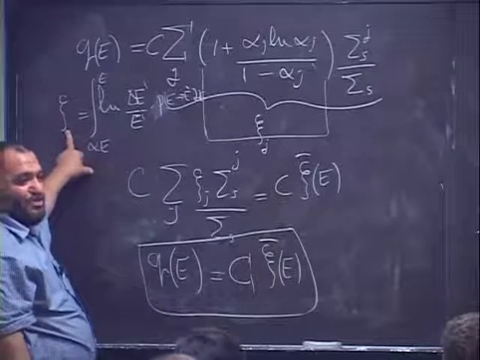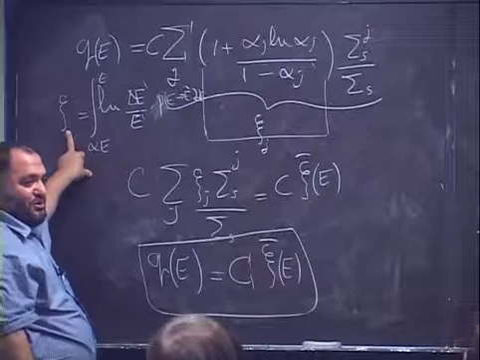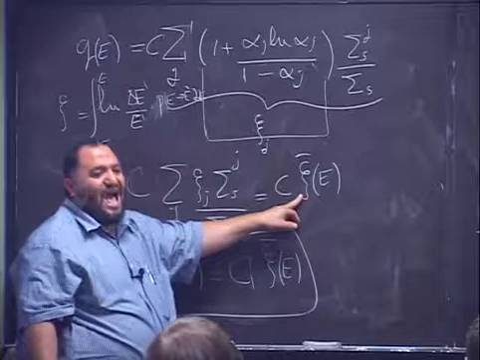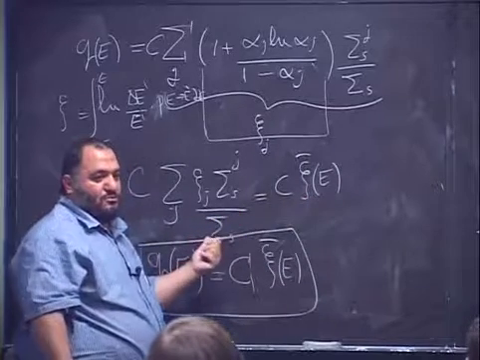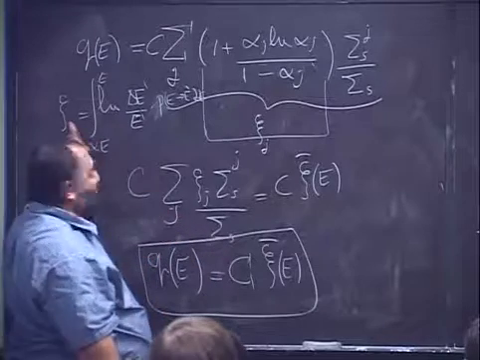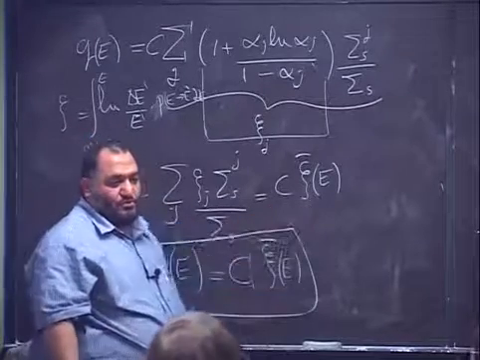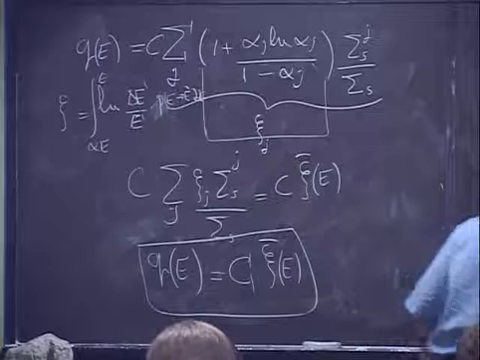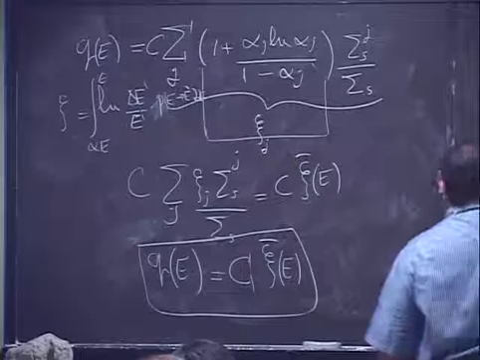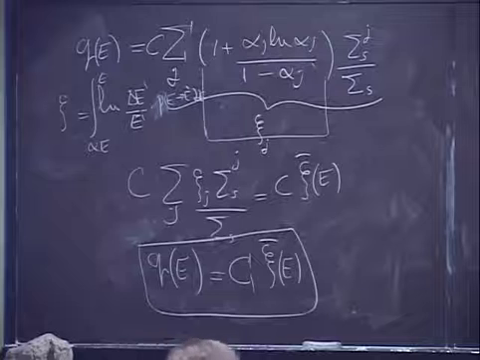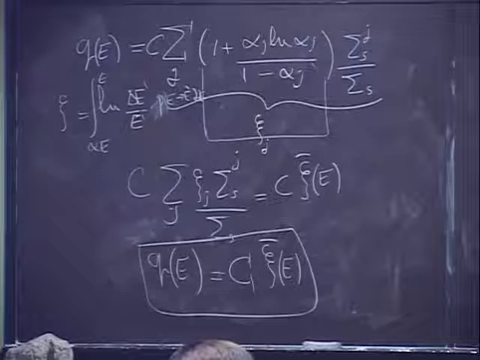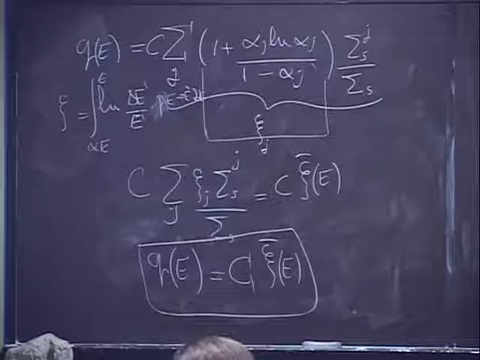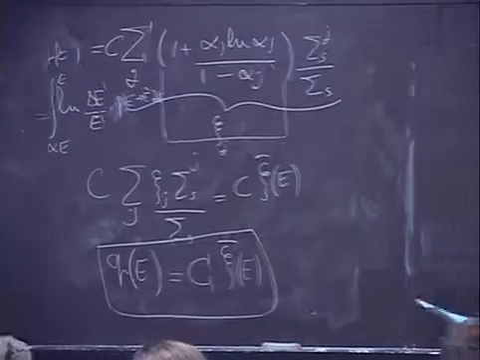So Xz is the average logarithmic energy loss per collision. But this one is the average logarithmic energy loss per collision averaged over all the isotopes. Did you understand the difference? This is per isotope. This is average over all isotopes. Did you have any questions so far? Guys, do you have any questions so far?